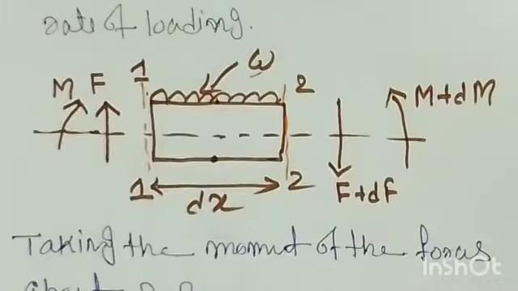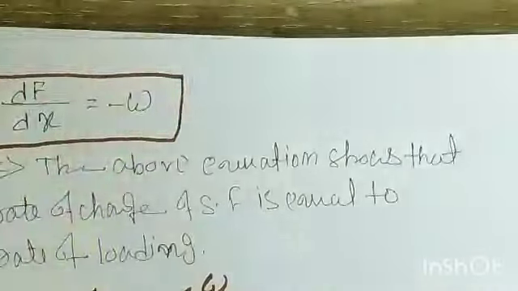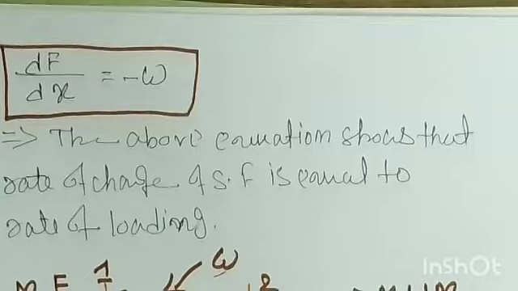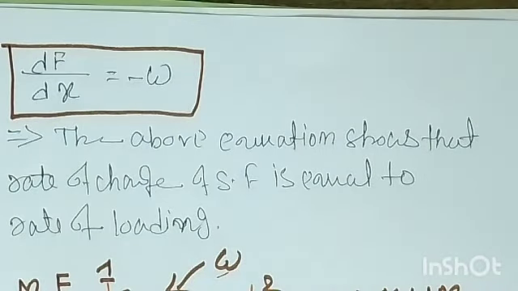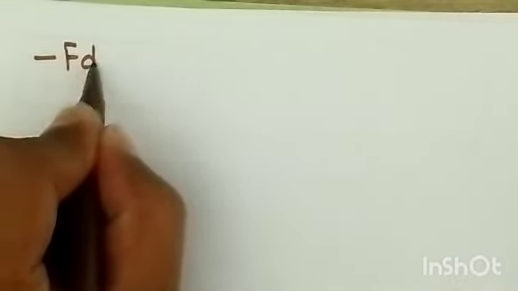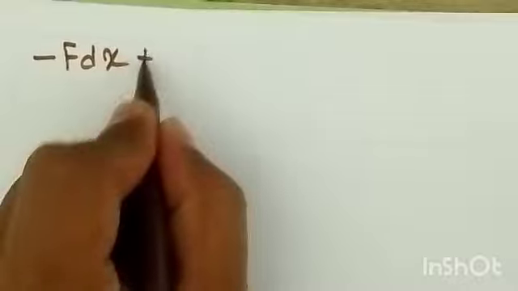So your equation is minus F dx plus dM is equal to 0.